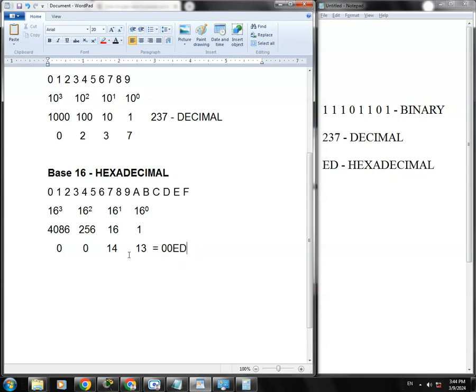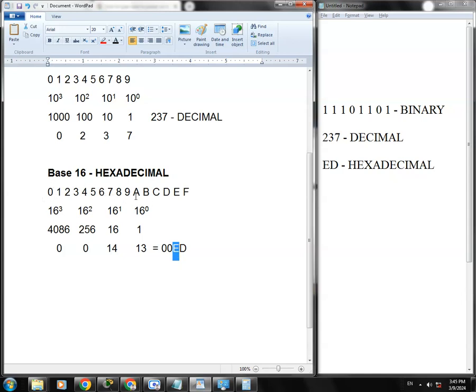This 0 is located here, which is the 4096 place. It doesn't have a value, so we have nothing to add. And the second 0 is the 256 place, still no value.